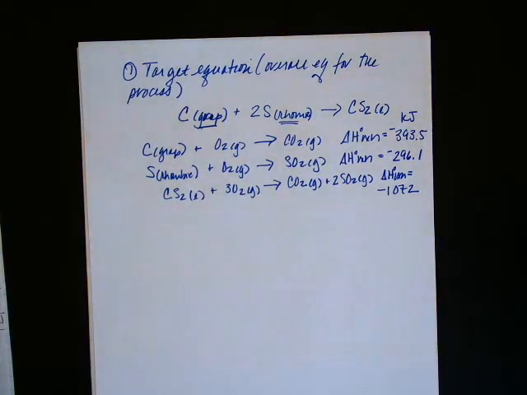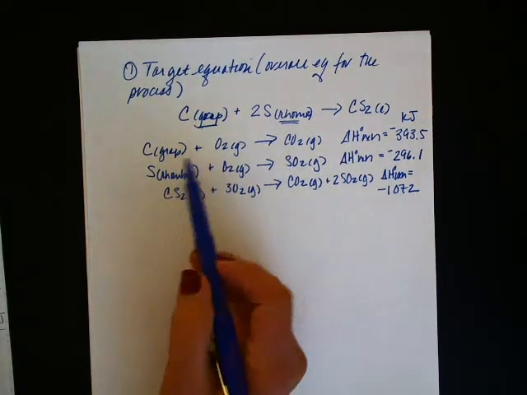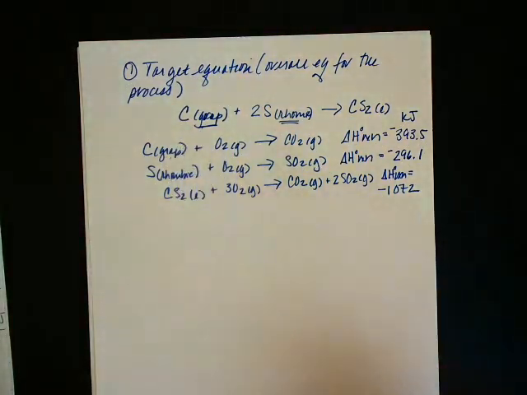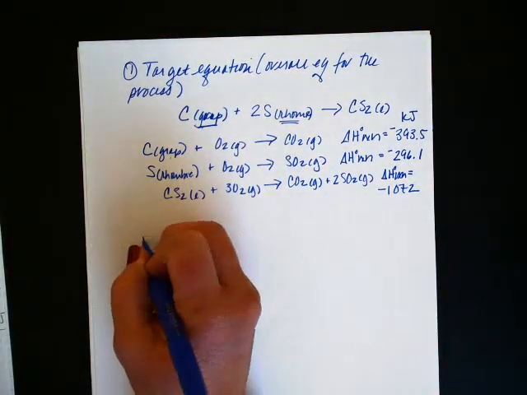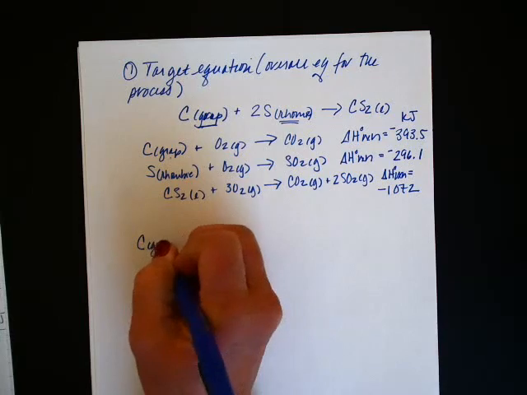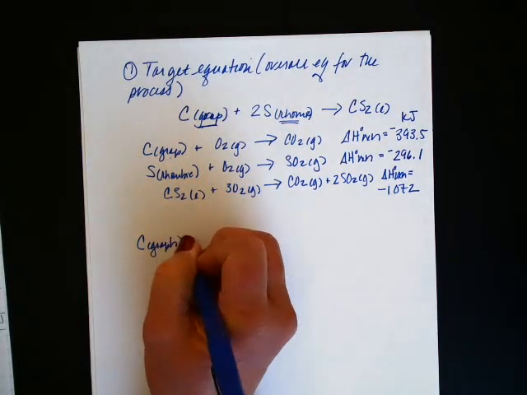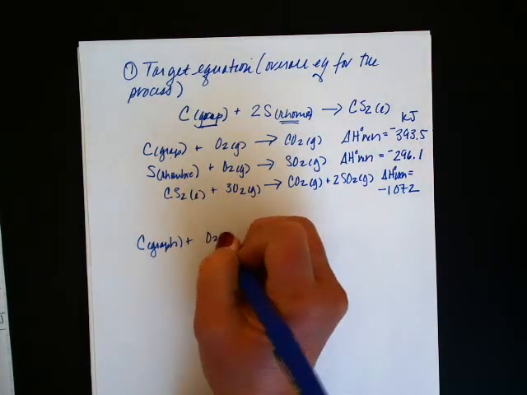We're going to look at the first equation and determine if it's in the right orientation: reactants on the left, products on the right. Graphite is a reactant, so this one is in the correct orientation. So I'm just going to rewrite that here.